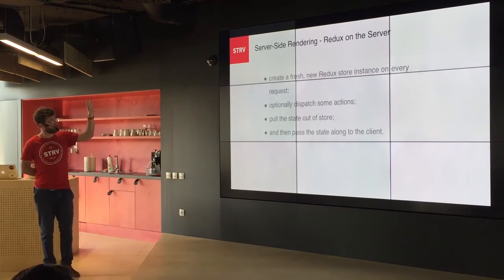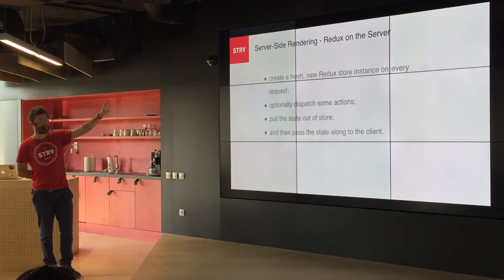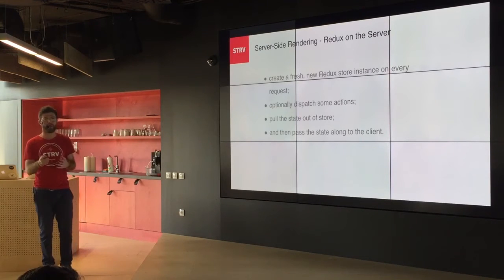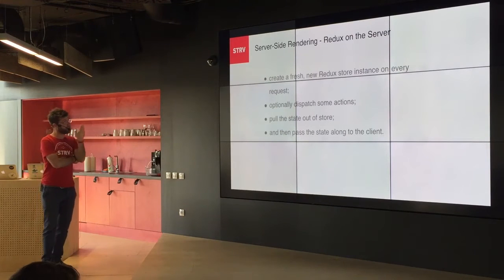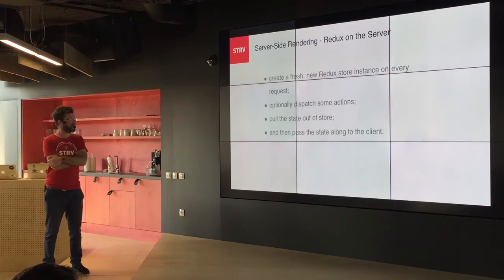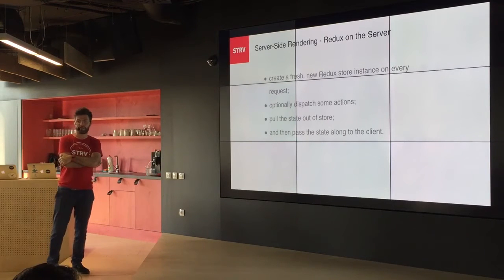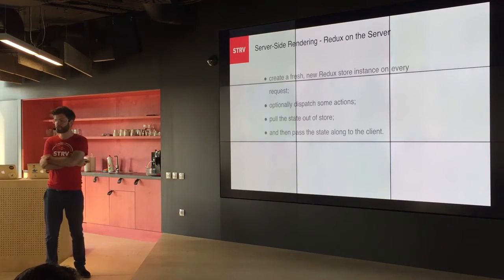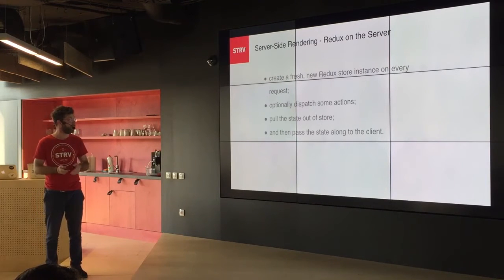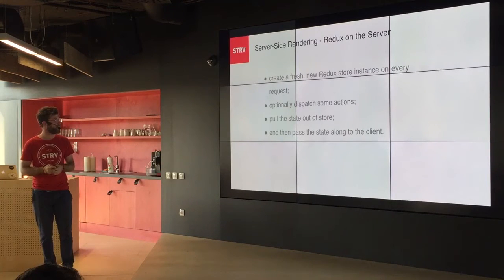So this is a list that I have summarized for you. What really happens when you do server-side rendering? The store is created, and some action is dispatched through Redux. If you know how Redux works, you can understand how dispatch works.